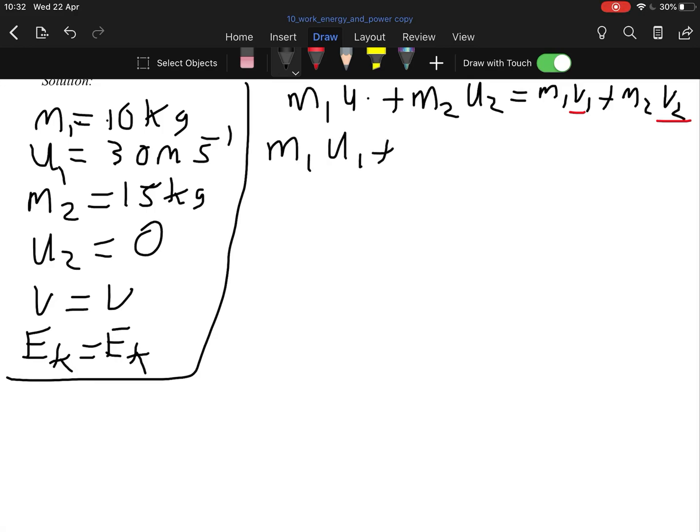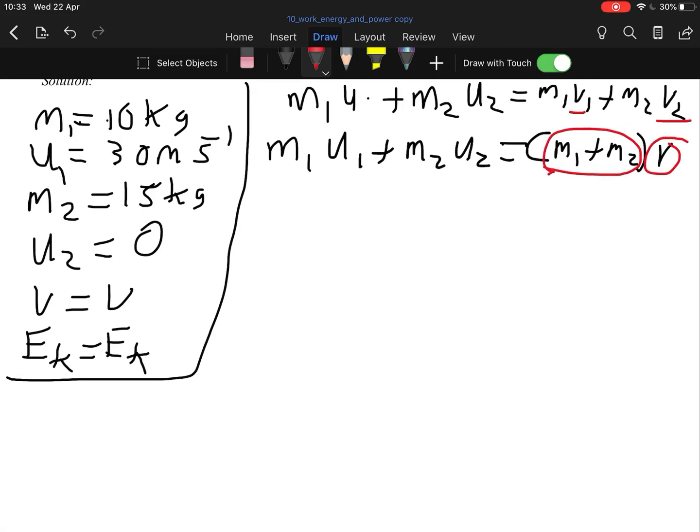So V1 equals V2. So you rewrite this equation: M1 U1 plus M2 U2 equals M1 plus M2 times V. The reason is that these two have now stuck together. They're now one combined mass and they have one combined velocity. So we're looking for V.